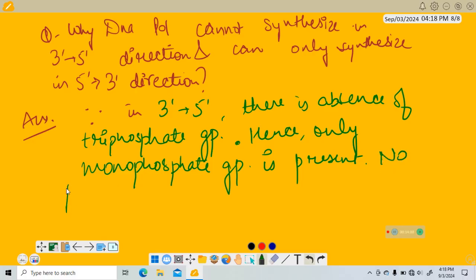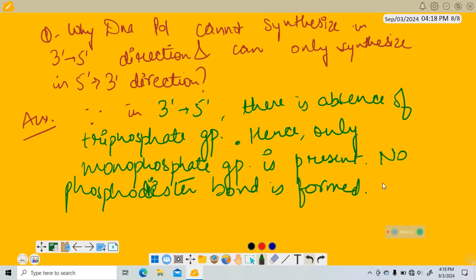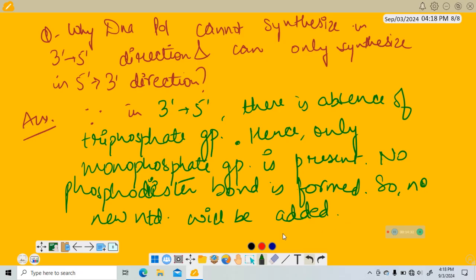No phosphodiester bond is formed, so no new nucleotide will be added.